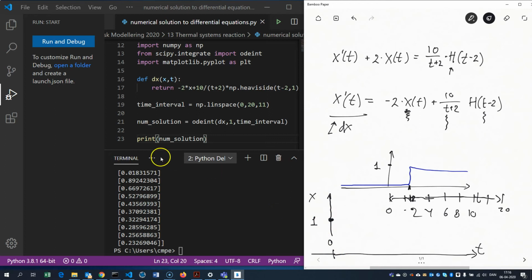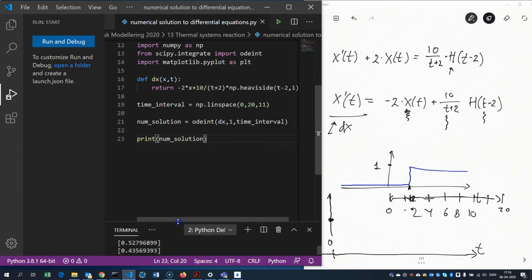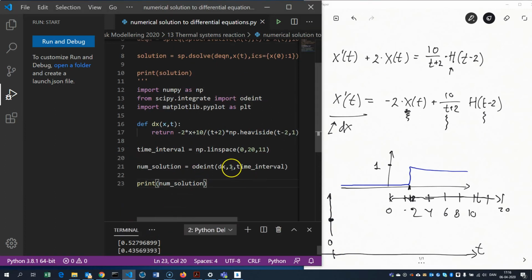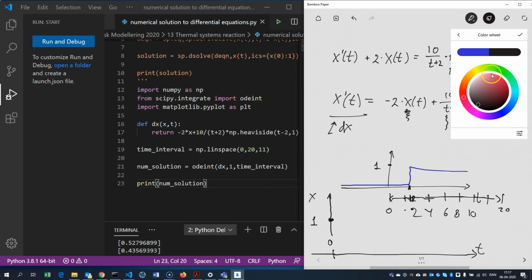So what the solver does is it uses this information, the fact that the time is 0, the fact that the solution is 1, it passes that to the differential equation. So here it's 1, here it's 0. Using those two numbers, the differential equation computes the slope of the solution at this point. Let's mark that by a red tangent, like that.